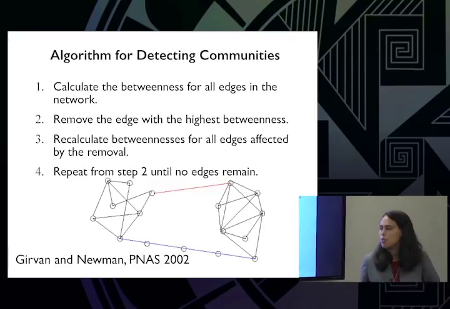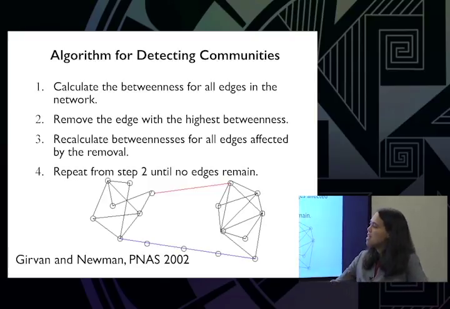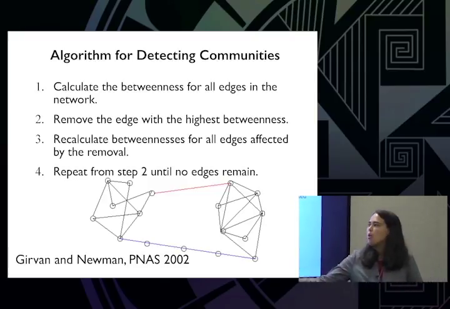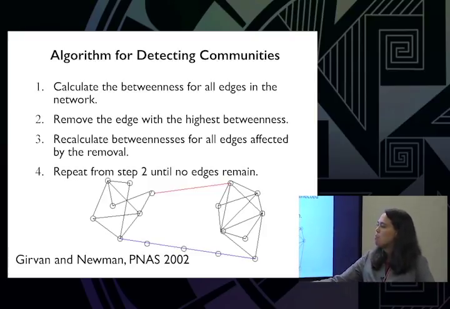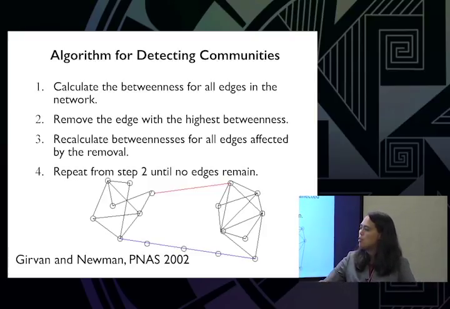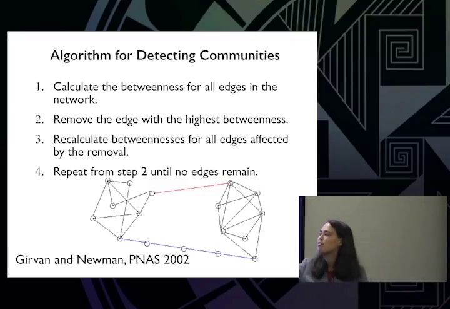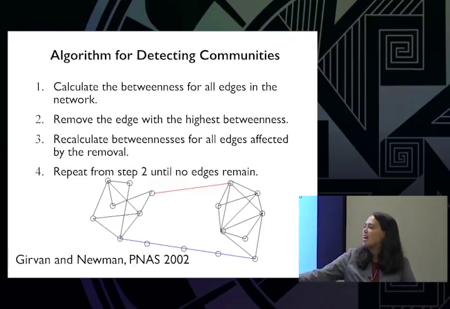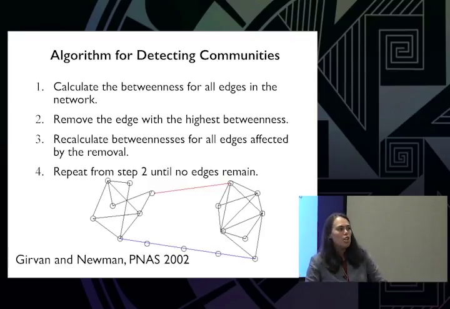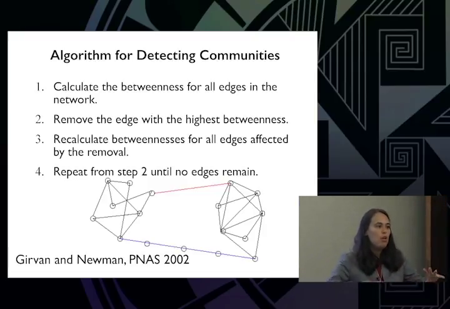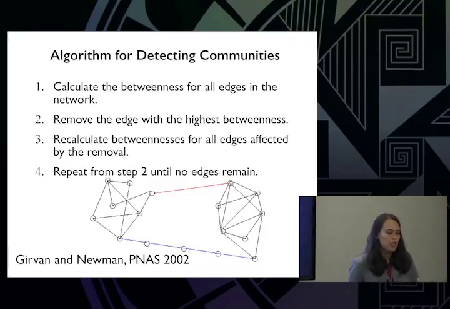That would have the highest betweenness. But it could be that one of these black edges might have the next highest betweenness. But if I do this recalculation step, once this red edge is removed, then these blue edges get much higher betweenness. The betweenness flow, as we say, that was along this red edge is now redirected to here. So this allows us to kind of iteratively decompose the network into smaller and smaller communities.